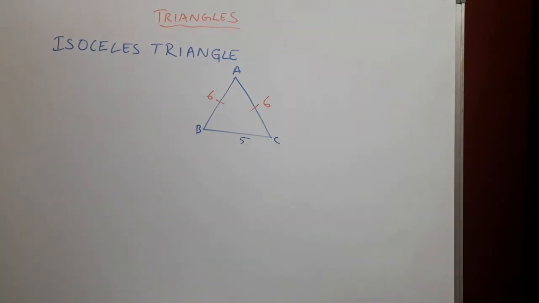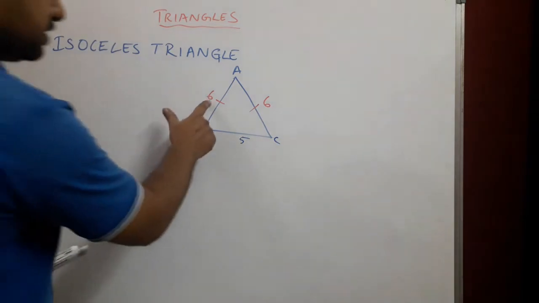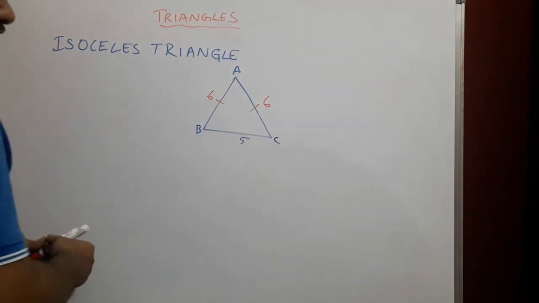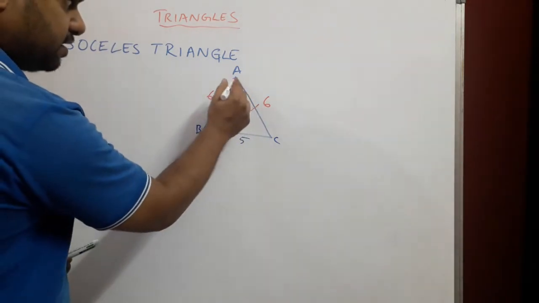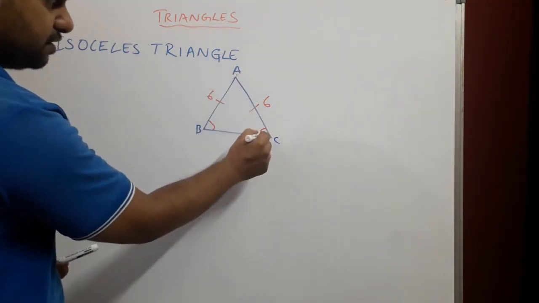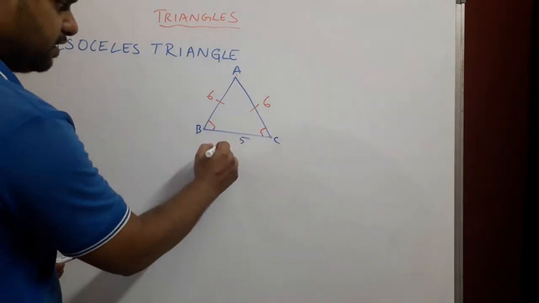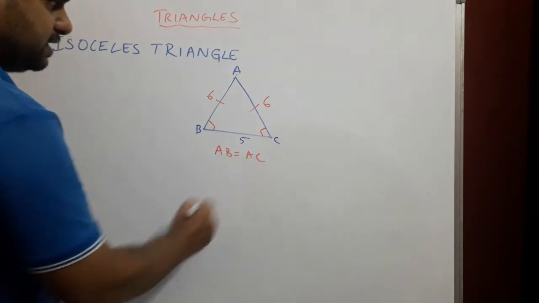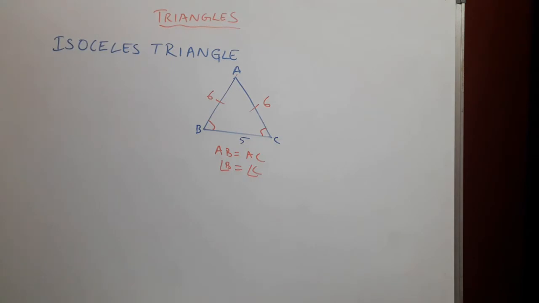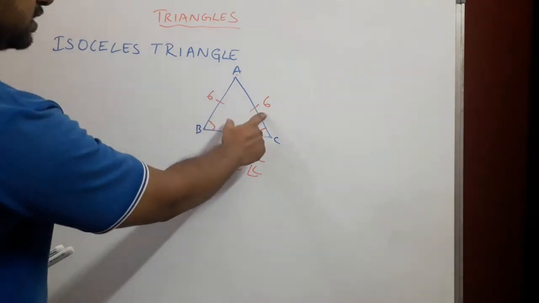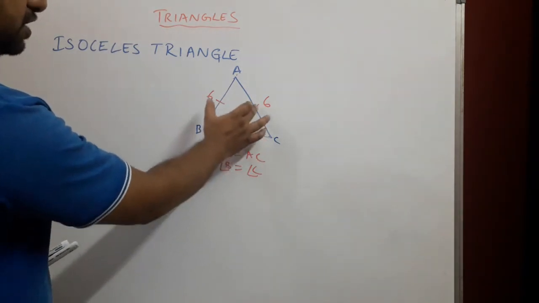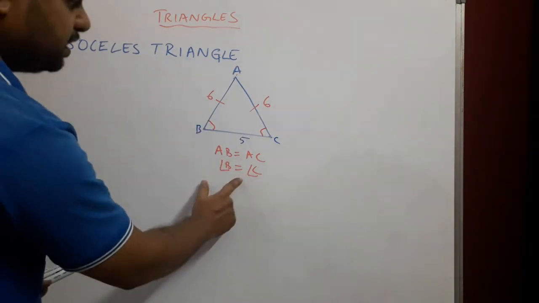Now, as far as the angles are concerned, for these two equal sides, their opposite angles will also be equal. So if AB is equal to AC, then the angle opposite to AC and the angle opposite to AB will be equal, so angle B will also be equal to angle C. So in an isosceles triangle, two sides are equal, any two sides, and the angles opposite to those two equal sides will also be equal.